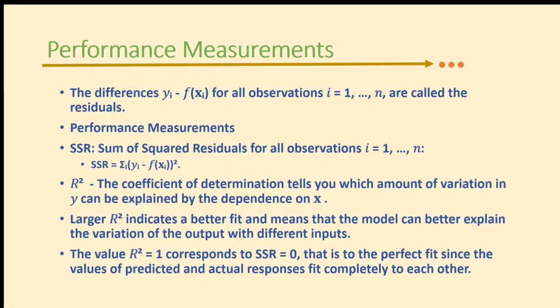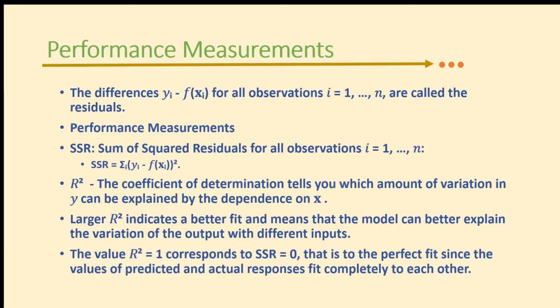Another measurement used to evaluate the performance of a model is R square. R square is the coefficient of determination, which tells you how much of the variation in y can be explained by the dependence on x. That is what is found by R square. Actually, a larger R square is a better value for our regression model.